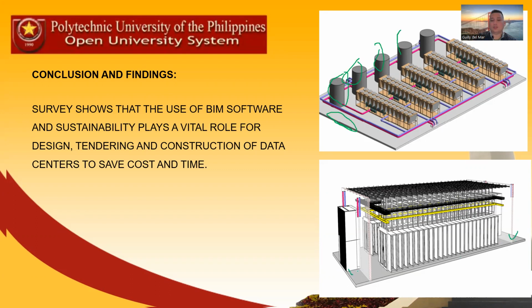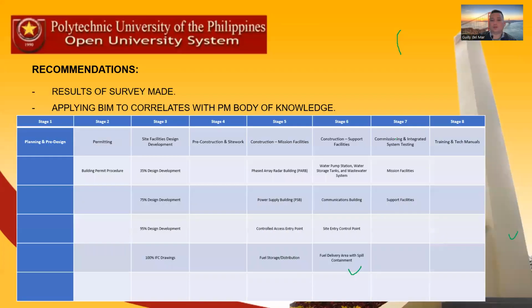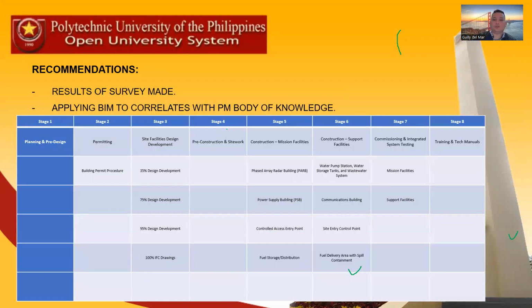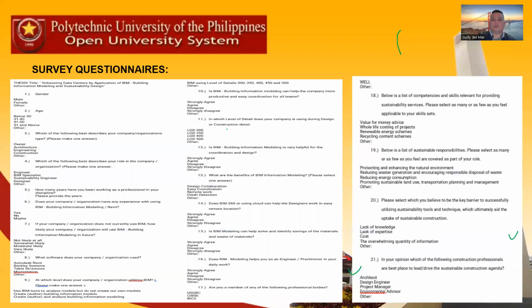So this is a data center, in which I am a specialist in the design, and the results made by applying BIM correlate to the project management body of knowledge, in which all the design stage I have completed, and it was a successful item in which we are using BIM. And I developed also the questionnaires on the level of detail of the BIM.